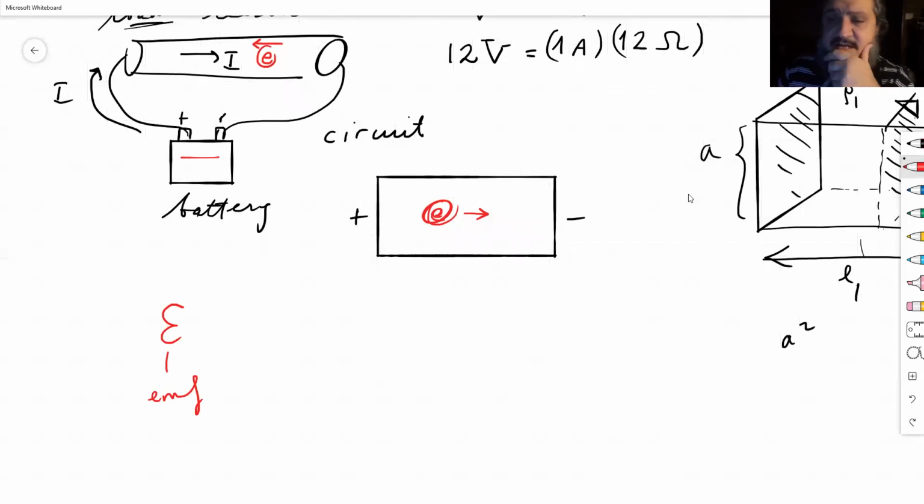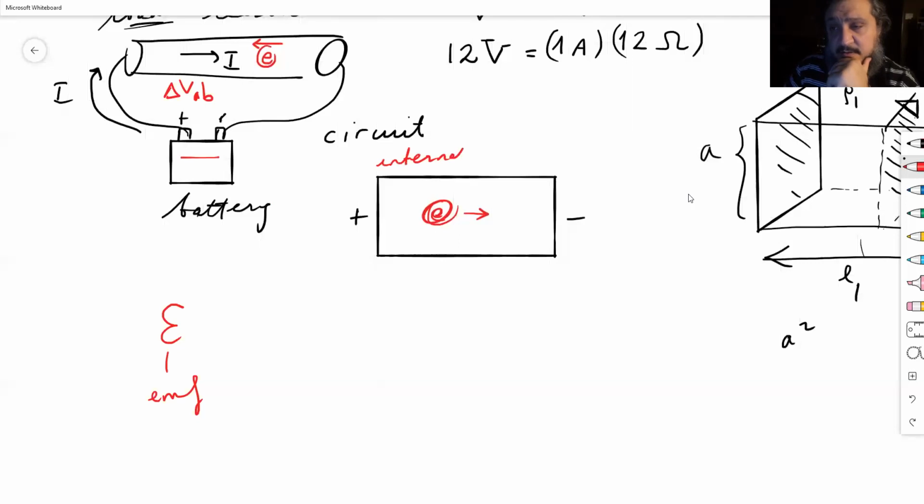But we can't really say the potential difference between the terminals is EMF. In practice, that's what you want to call delta V. Remember the terminal voltage? This terminal voltage actually will be less than the actual EMF. And that's because the battery will have some internal resistance itself.